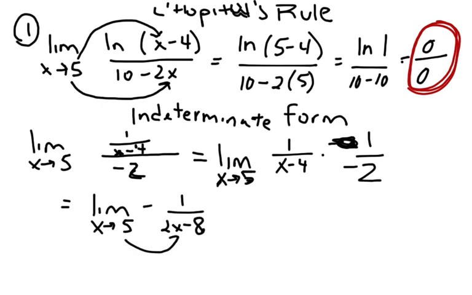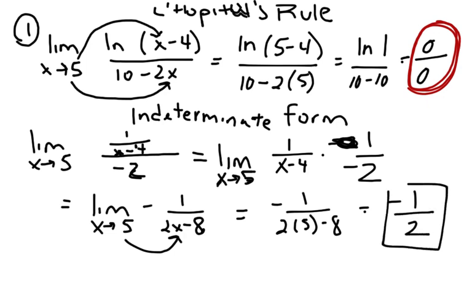Now, I'm going to try that direct substitution again. That's going to give me negative 1 over 2 times 5 minus 8, which is equal to negative 1 over 2, negative 1/2. And that is the answer for the limit for this problem.